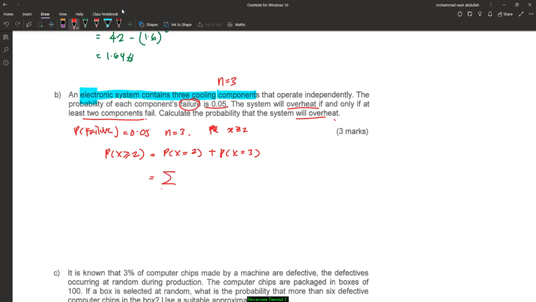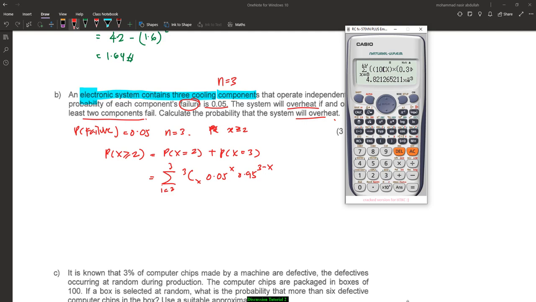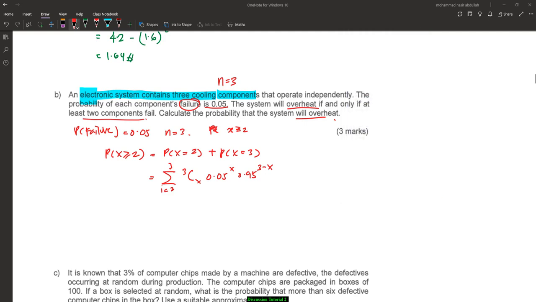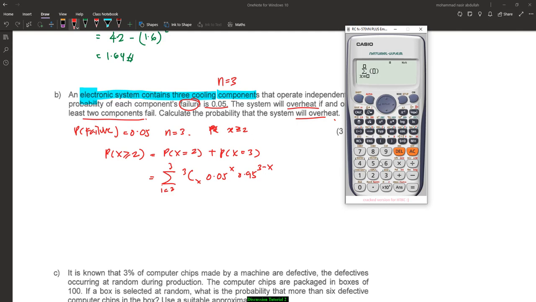So just input into the calculator. Summation of x equal to 2 until 3, 3 choose x, multiplied with 0.05 power of x, multiplied with 0.95 power of 3 minus x.